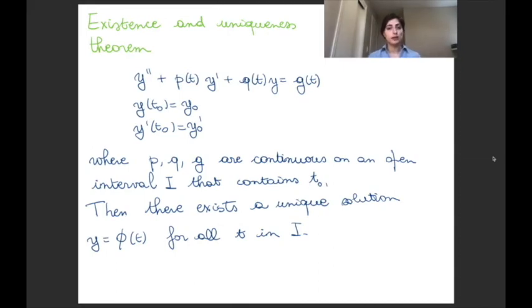There is, for these cases, an existence and uniqueness theorem.